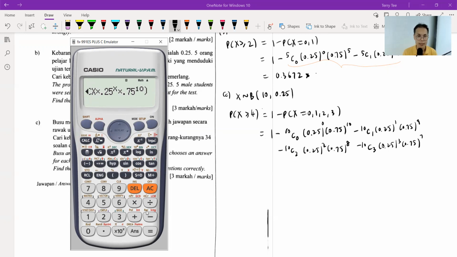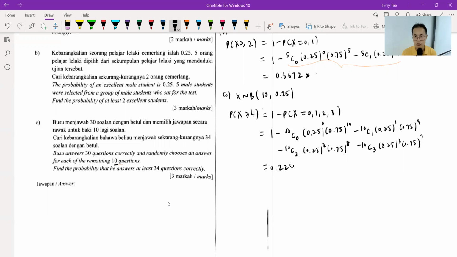Your n is 10 minus alpha x. Another function you can use. I want to find the sum from 4 to 10. So there you go, 0.2241. Okay, just another option to calculate.